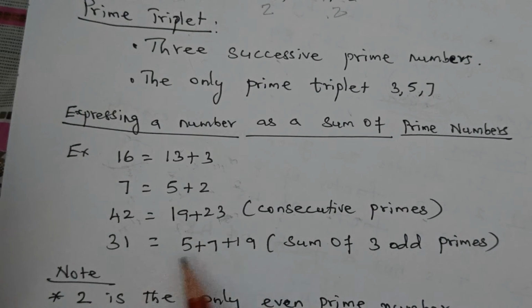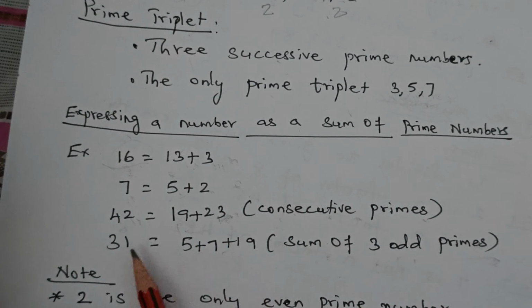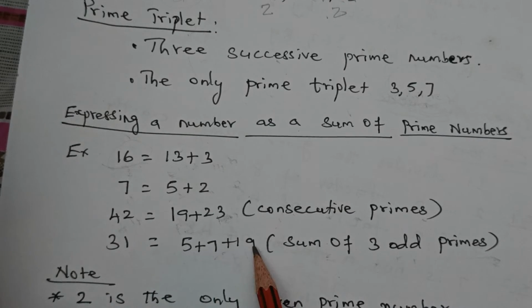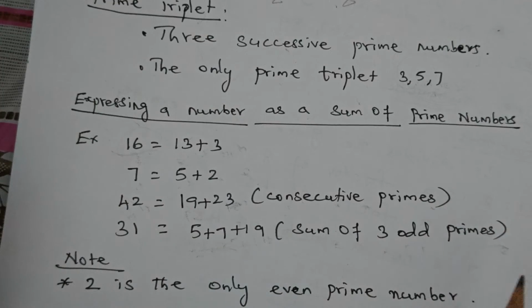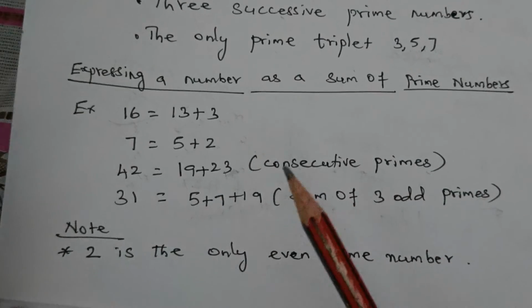Okay. Now 31, you see, is a sum of 3 odd prime numbers. 31 is 5 plus 7 plus 19. Add them and check. 19 plus 7 is 26, 26 plus 5 is 31, and all the 3 are prime numbers and all are odd prime numbers. In fact, all the prime numbers are odd, except one. There is only one even prime number. What is it? 2.